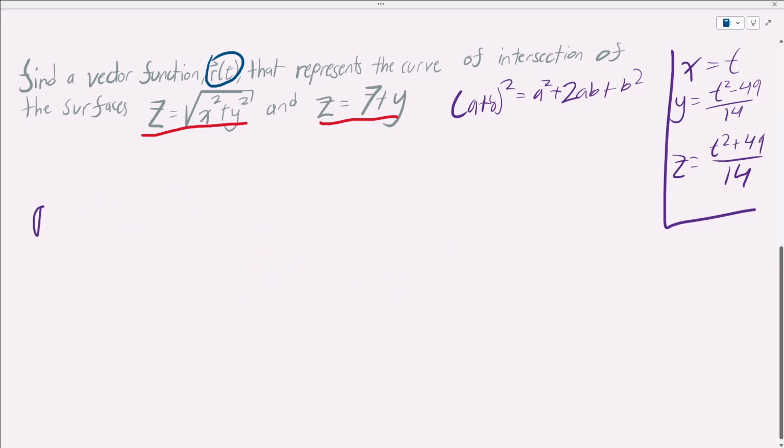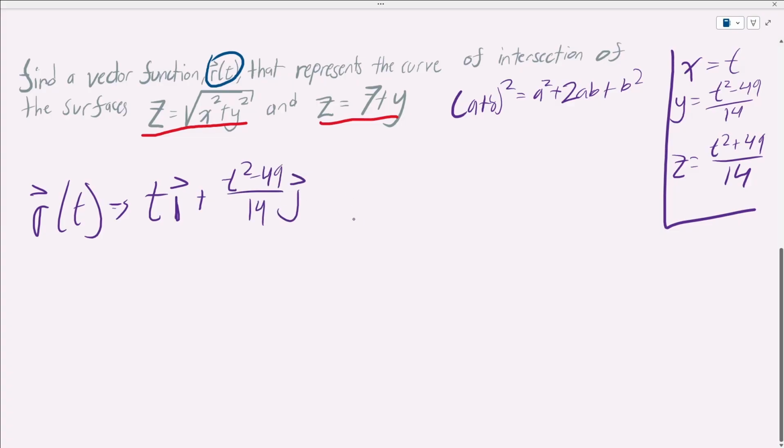So our first function of r of t, if we have our x is equal to t, it'll be t i plus our y is t squared minus 49 over 14. So we'll write that j with the vector hat plus, and then again, just plug in our z value of t squared plus 49 over 14 k.